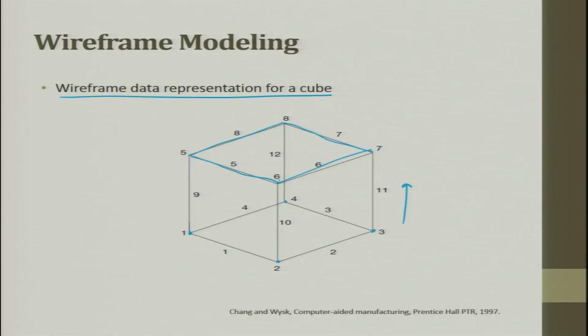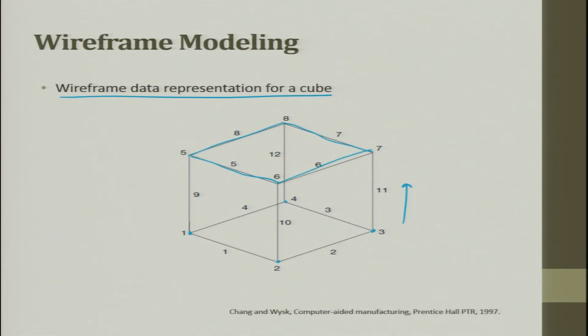These are the edges, and now if you want to draw a line connecting them: 1 and 2 is connected by edge 1, 2 and 3 by edge 2, 3 and 4 by edge 3, 4 and 1 by edge 4, and in the same way 5 and 6 by edge 5, you are drawing a line. So, when you look from a 3D perspective, it becomes an edge. 6 and 7 it is 6, 7 and 8 it is 7, 8 and 5 it is 8. Okay.